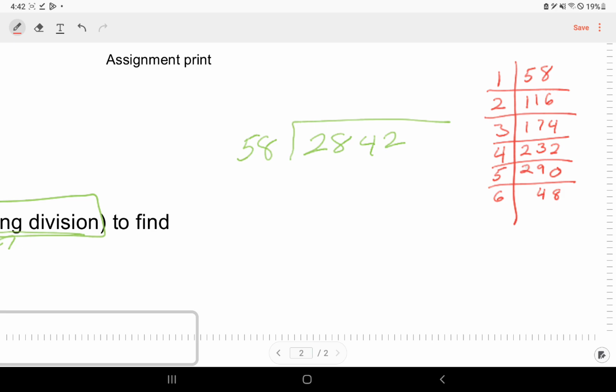Carry 1, so 348. And if I need to, I will add the seventh row.